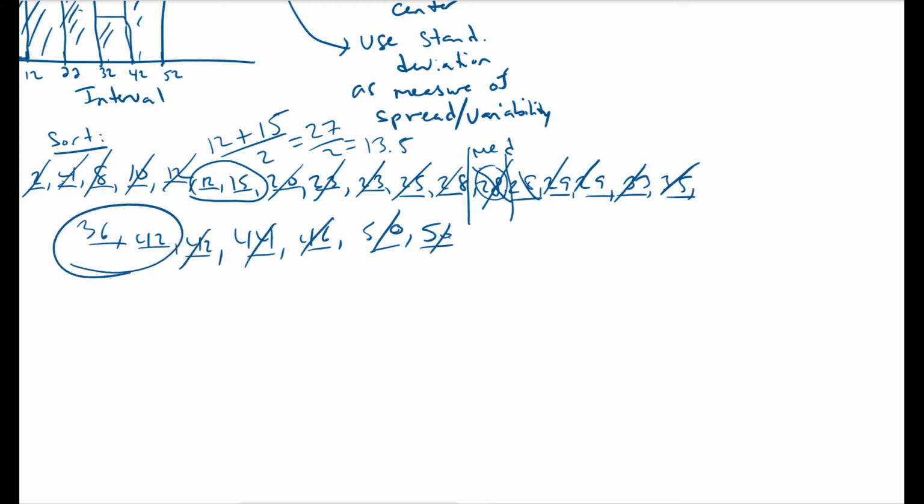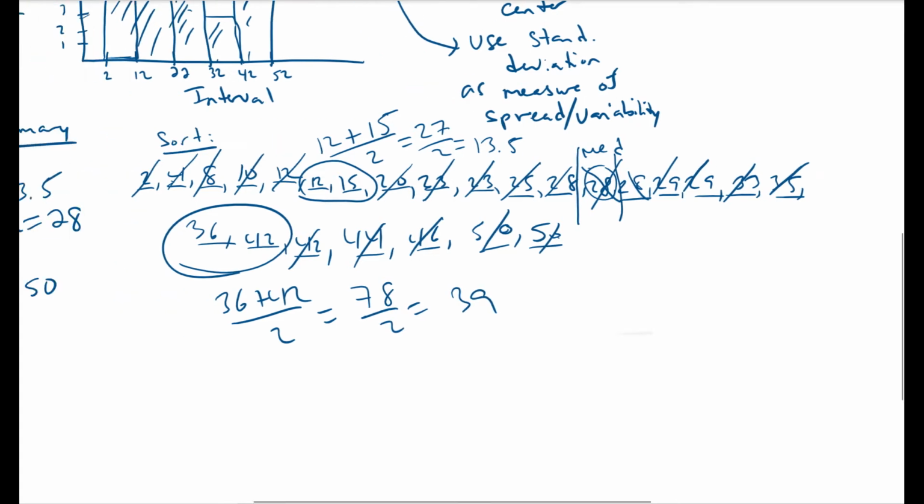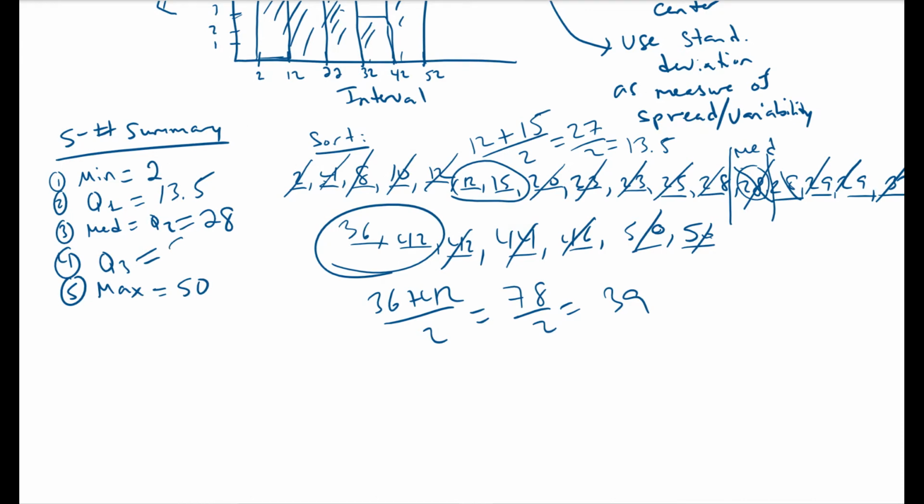So we got those two middle numbers. So add them up, divide by 2. So in that case, that's 78 over 2, which is 39. All right, so there's our 5-number summary.